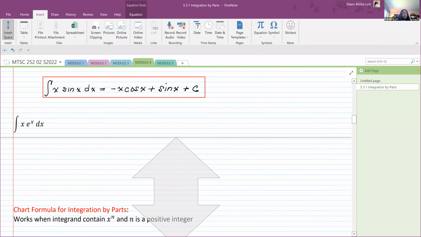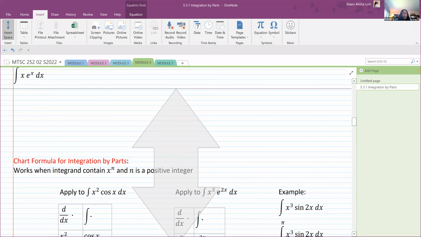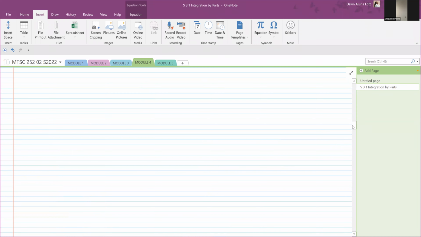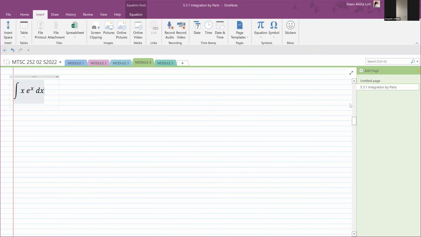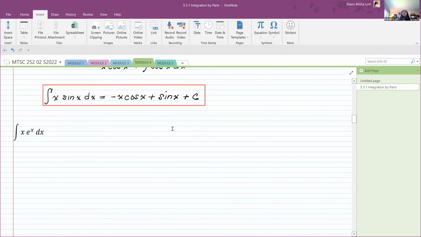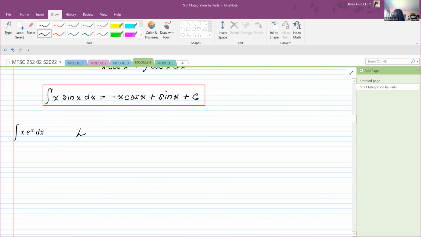Okay, next problem. Here's a problem where u again would be x because it's a nice function to differentiate. So what is dv? e to the x dx.